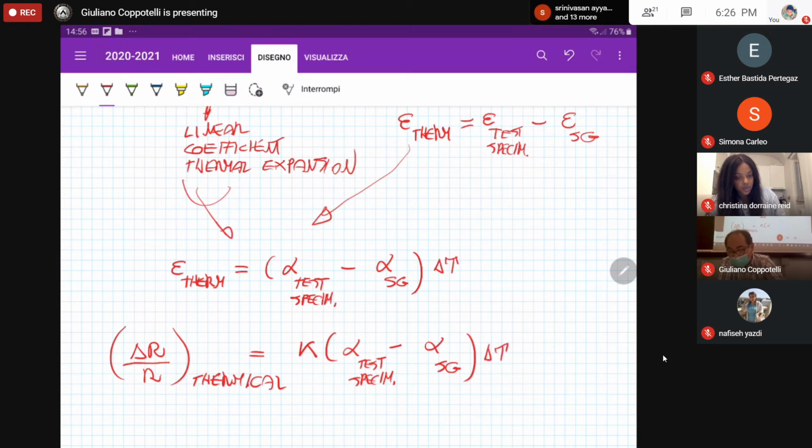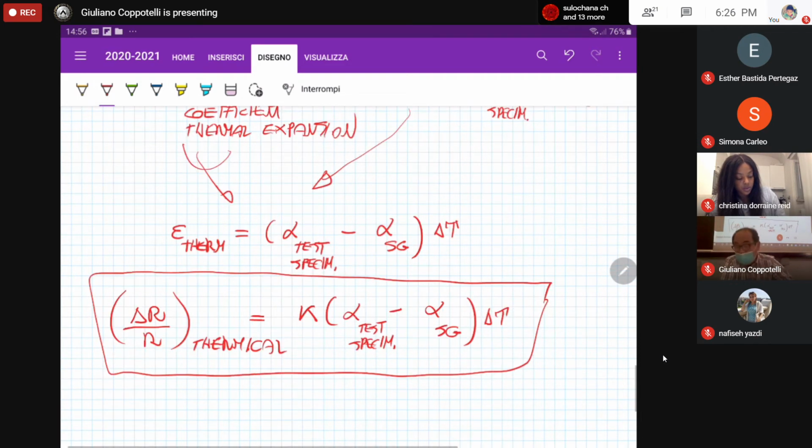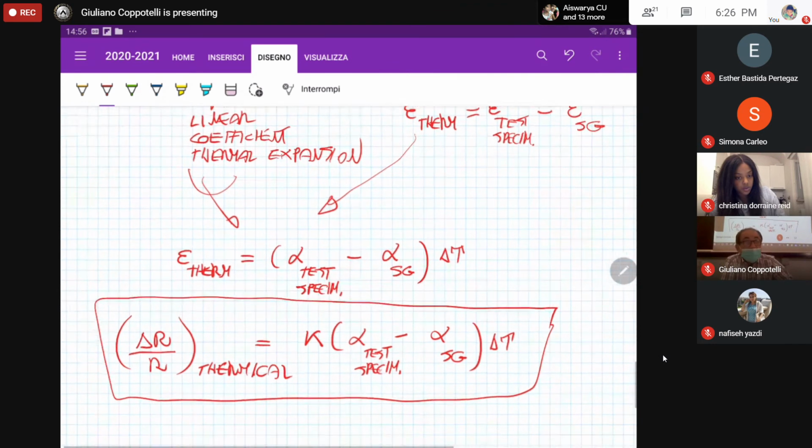And that is telling you how the third effect can be evaluated.